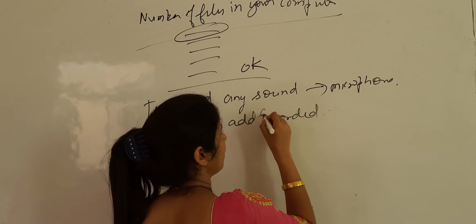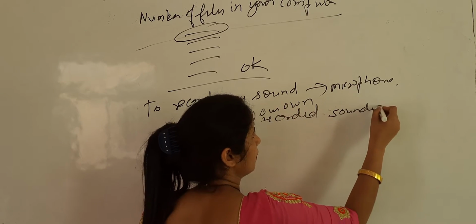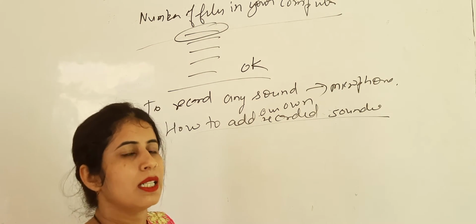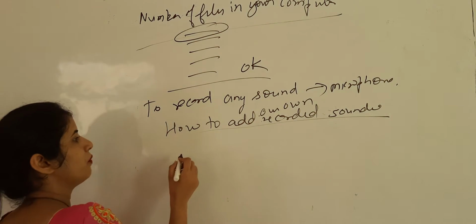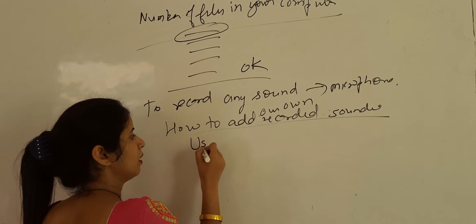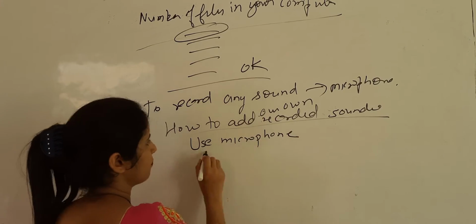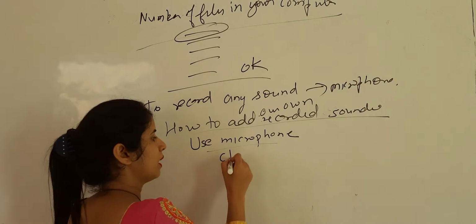Now, if we want to add our own recorded sound, what steps will we follow? First, we have to use the microphone. After this, the same procedure: click on Insert.